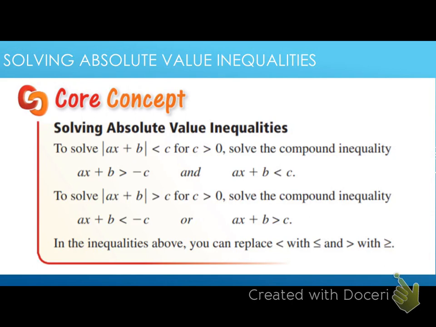To solve the absolute value of ax plus b is less than c, for c greater than 0, solve the compound inequality: ax plus b is greater than negative c, and ax plus b is less than c. I'm going to go ahead and write goal up here again.